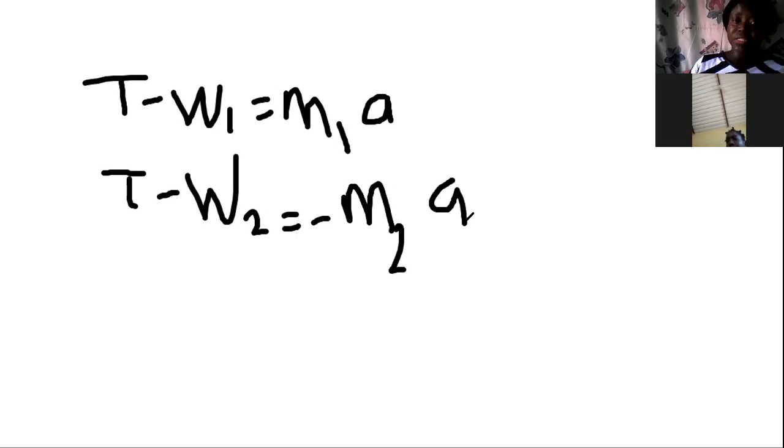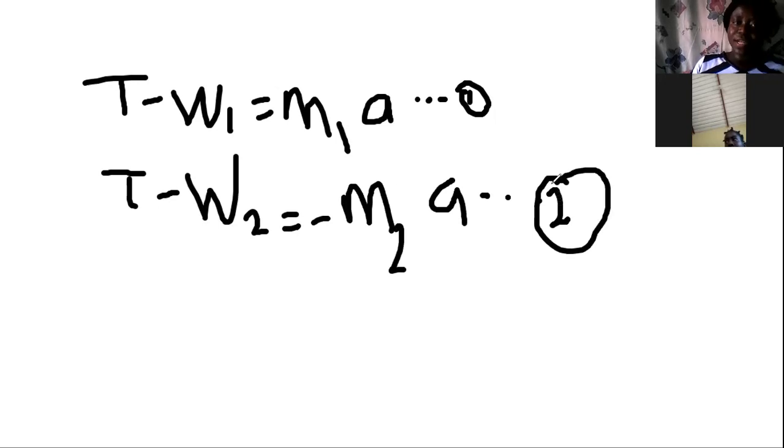This is equation 1 and this was equation 2 that we had. To solve for the tension, this is the same tension, so you can choose any of these two equations.